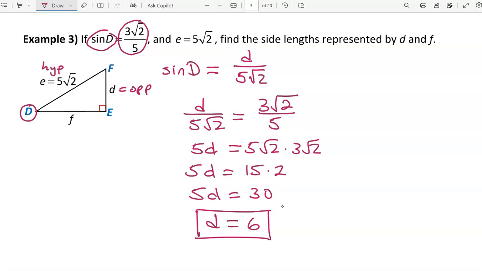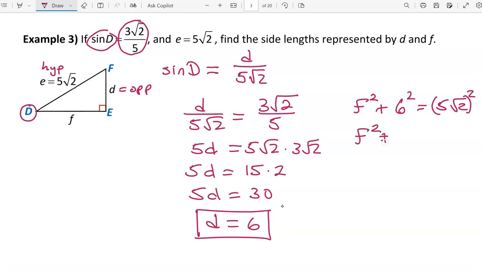And if we have two sides in a right triangle, we can figure out the third side by using the Pythagorean theorem. So using the Pythagorean theorem, f squared plus 6 squared is equal to 5 times the square root of 2 squared. Since 5 times the square root of 2 is the hypotenuse, that must go by itself on one side of the Pythagorean theorem.